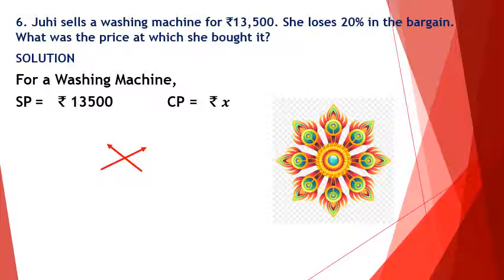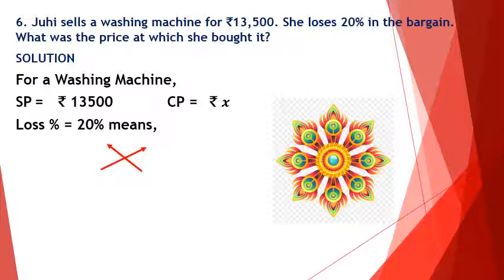They are asking the price at which she bought. That means cost price of the washing machine. That we don't know, so we can give cost price equal to rupees X. Also given loss equal to 20%. I am going to solve this sum by cross multiplication method. So children, loss equal to 20 percentage.